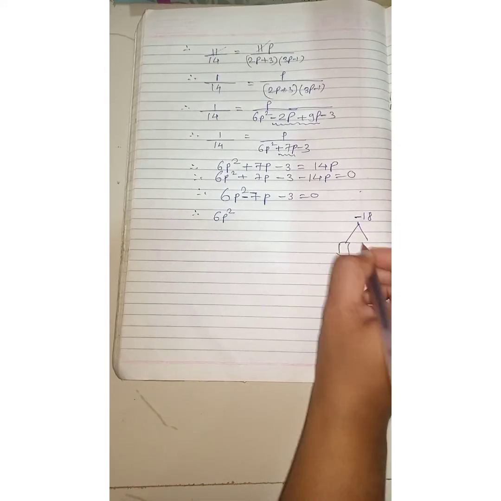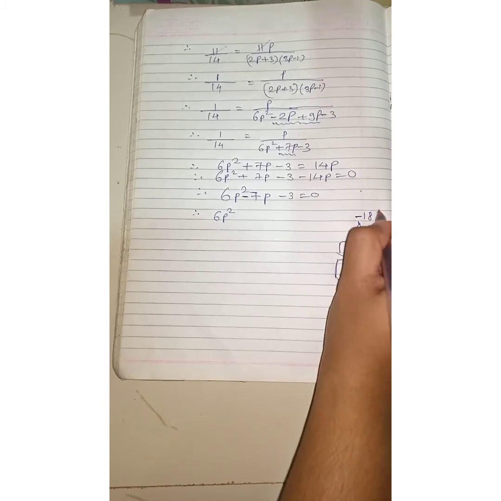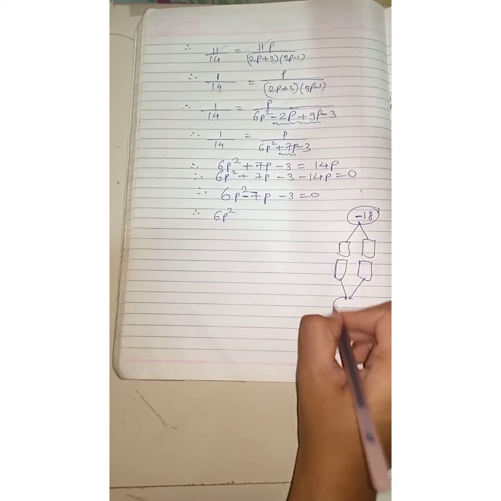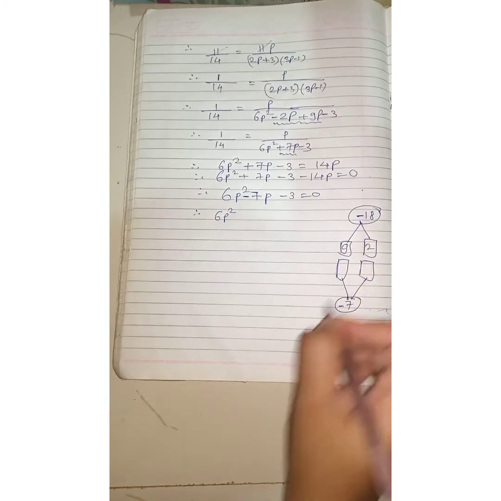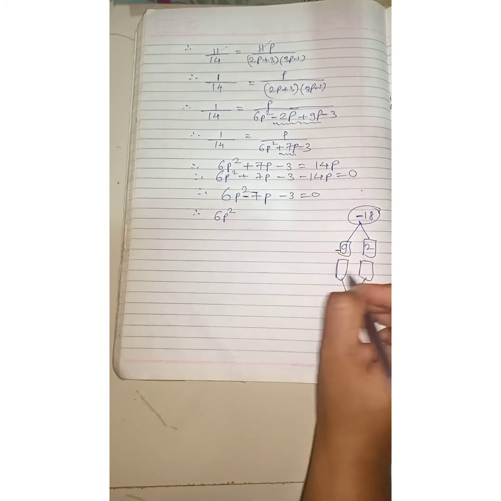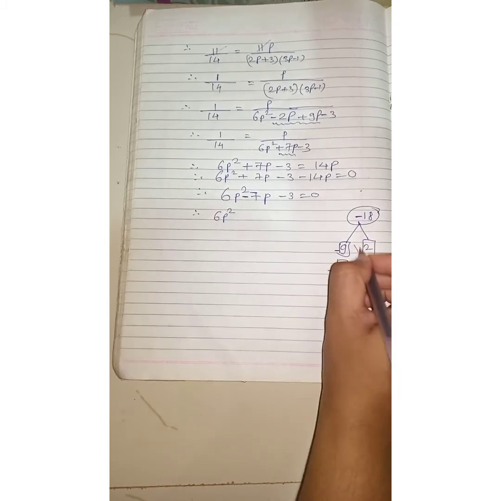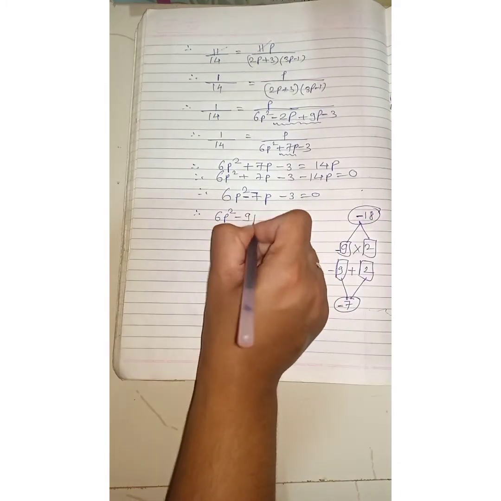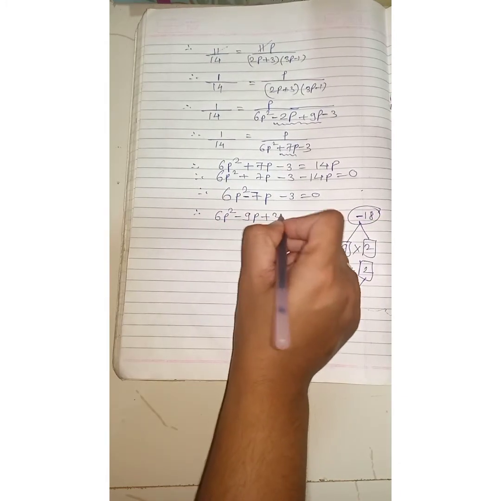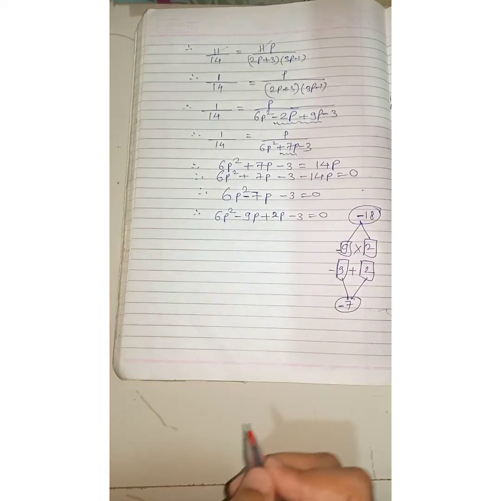So we have to factor both the terms, having the multiplication minus 18 and the sum minus 7. So 9 2s are 18: minus 9 plus 2 is minus 7, and minus 9 multiplied by 2 is minus 18. So we will use the factors: 6p square minus 9p plus 2p minus 3 is equal to 0.